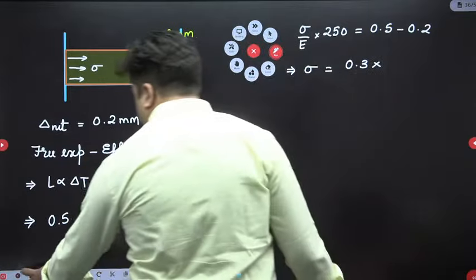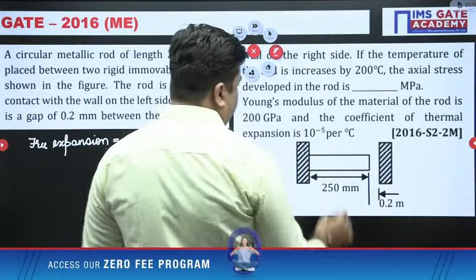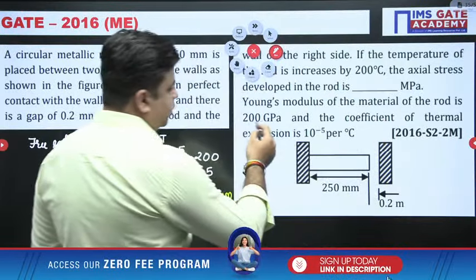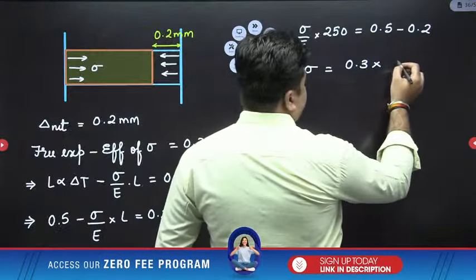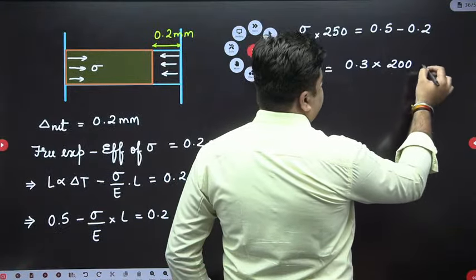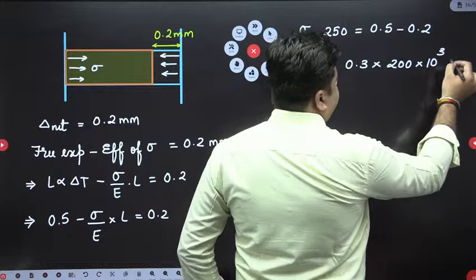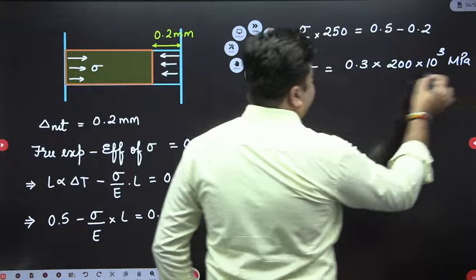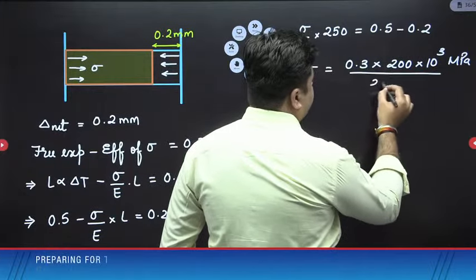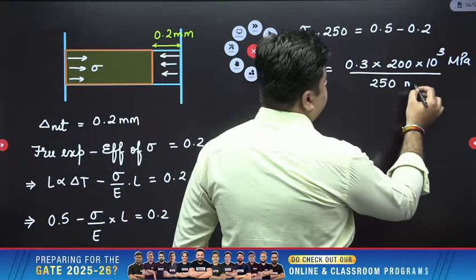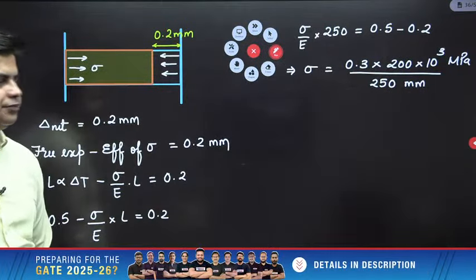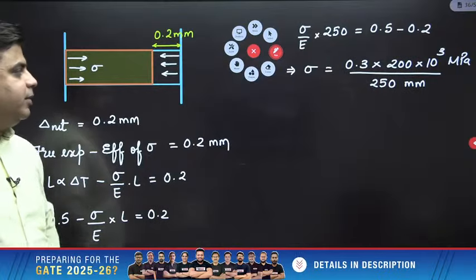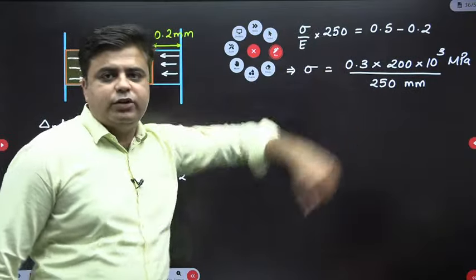Now what is the value of Young's modulus? The value of Young's modulus is 200 gigapascal, so this is 200 into 10 raised to power 3 megapascal, divided by length of the bar, which is 250 mm. Please tell me the value of sigma, the stress induced in the bar.